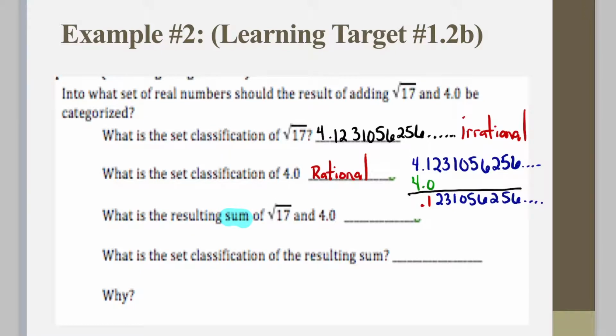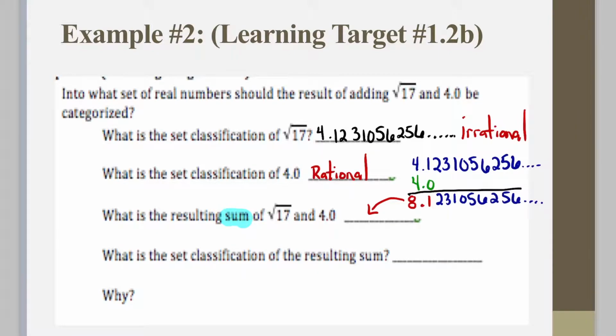But just for the sake of completing it, we can see that the resulting sum of 8.1231056256 and on and on forever is a decimal that neither repeats nor terminates. And so the resulting sum, this is our answer for here.